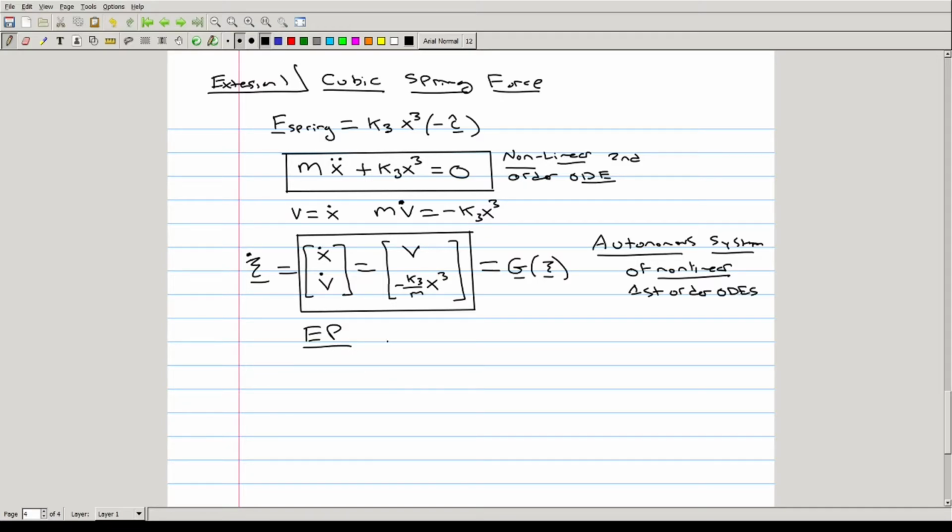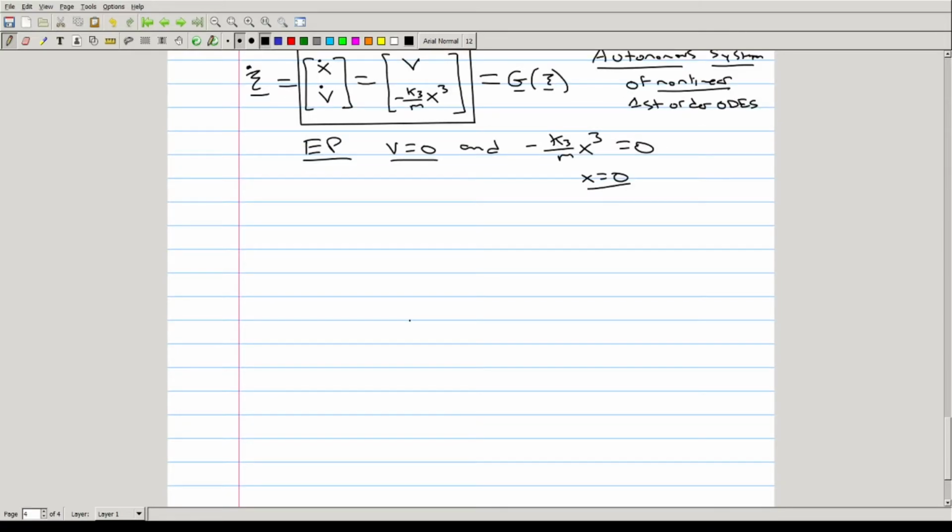This has equilibrium points when v is 0 and negative k3 over m x cubed is equal to 0. So when x equals 0, we have another equilibrium point at the origin, but the characteristic shape of the solutions in phase space is going to be different.